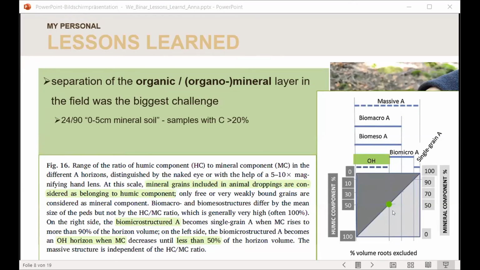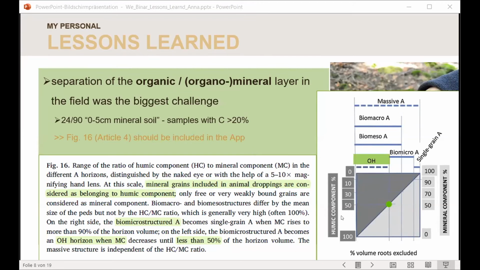And also the information that mineral grains included in animal droppings and in these microbeds are considered as humic components would have let us separate probably in a different way. So I would suggest to add this helpful figure to the app.